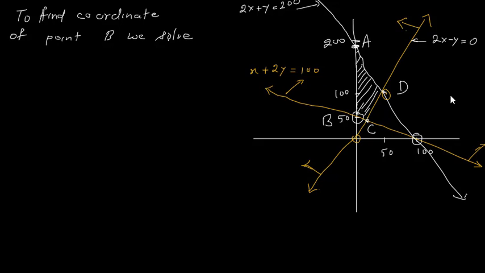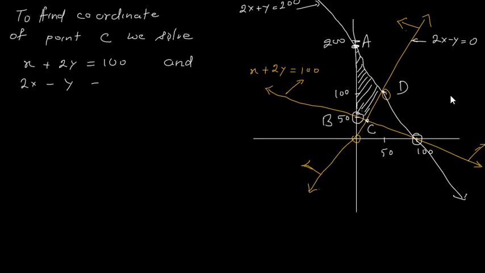Now to locate the coordinate of point C, B we already know. To locate the coordinate of point C, we solve x plus 2y is equal to 100 and 2x minus y is equal to 0.